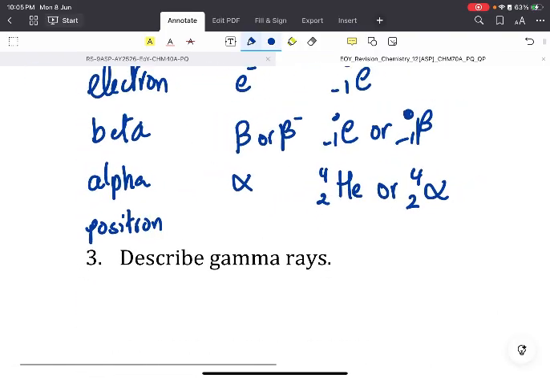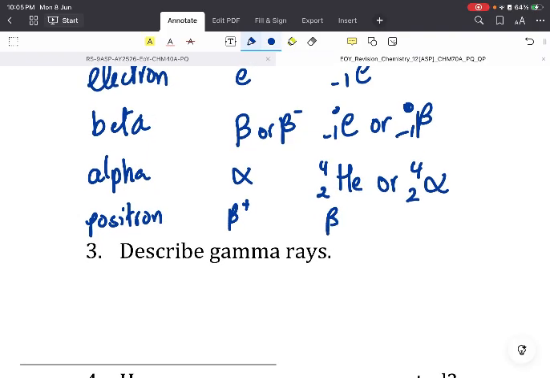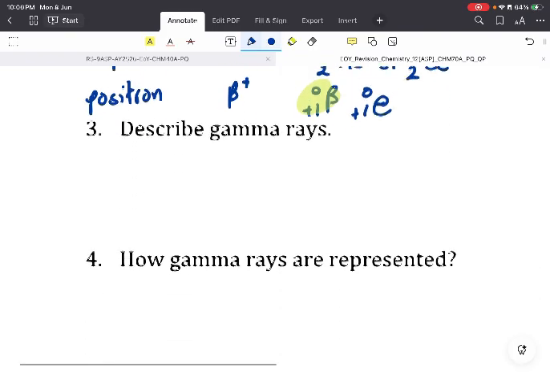The positron is the beta positive. And the nuclear symbol of this one, you can say beta 0 plus 1. So it's different than this one. It's plus 1, the positron. Or you can simply put E, and instead of 0 minus 1, you're going to say plus 1. So basically, these symbols, you really need to know them very well before your exam.